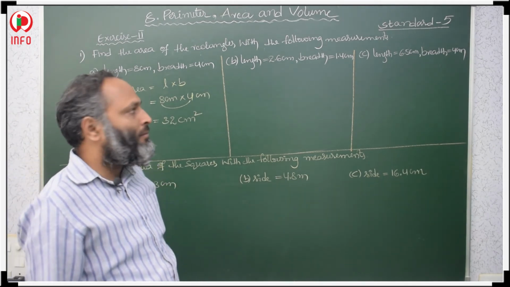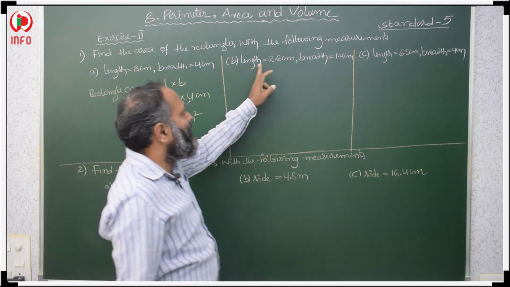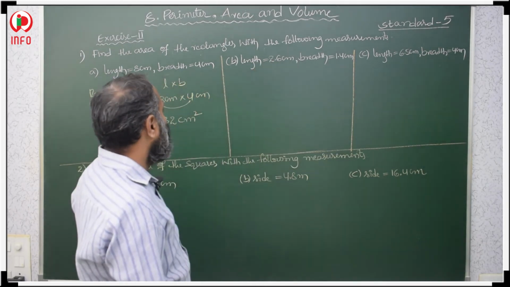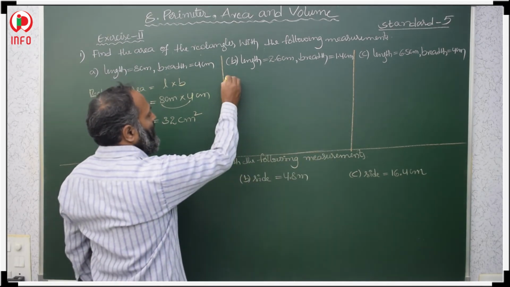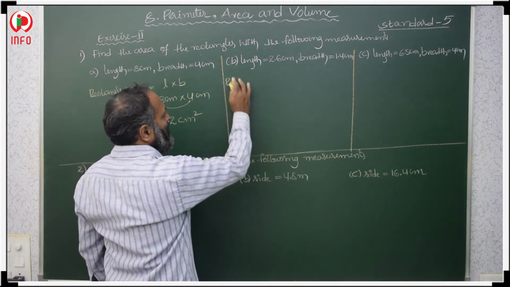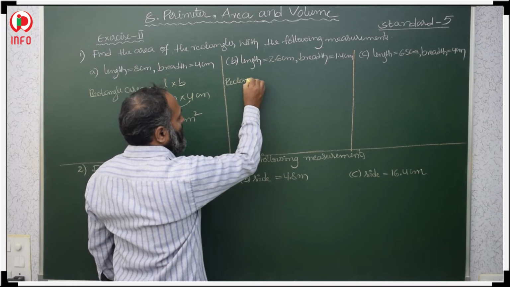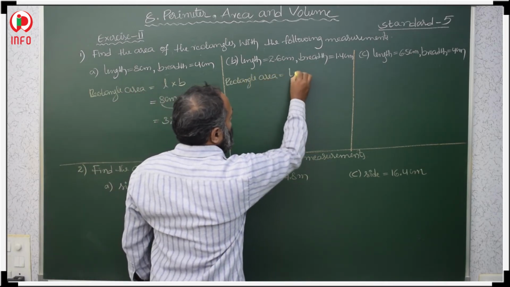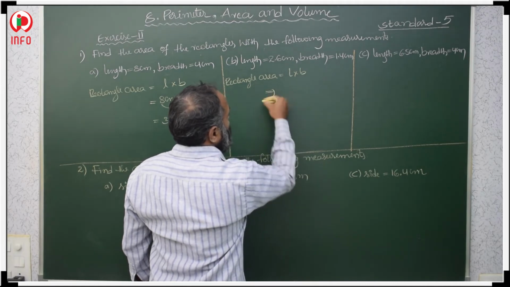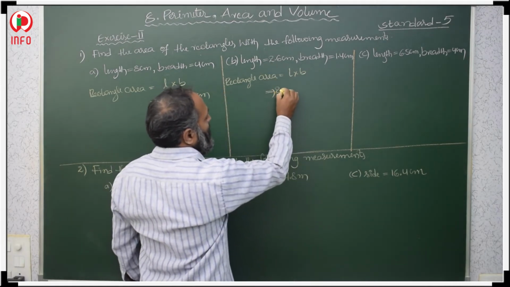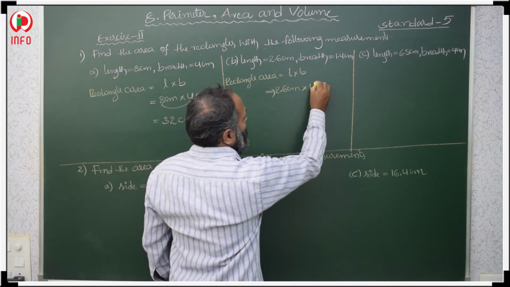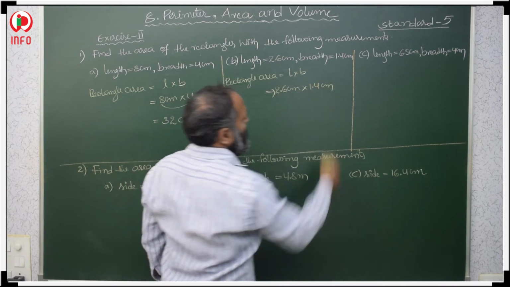Okay. Now in this one, length is 2.6 centimeters and breadth is 1.4 centimeters. Now we have to find the rectangle area. Rectangle area is equal to length into breadth. What is the length here? 2.6 centimeters, and what is the breadth here? 1.4 centimeters.